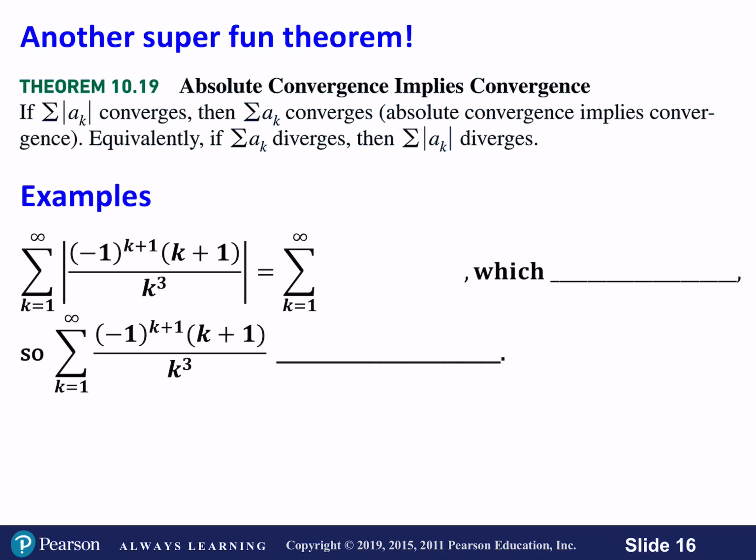So here's a quick example. We're going to consider the series from k equals 1 to infinity of negative 1 to the k plus 1 times k plus 1 over k cubed. And think to yourself, does that converge or diverge? That converges. We can justify this by doing a comparison test.